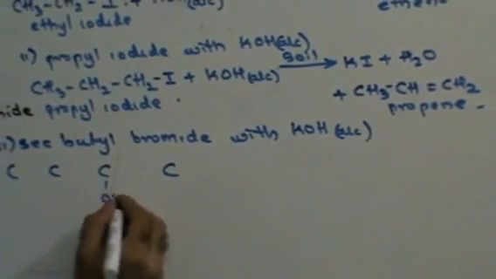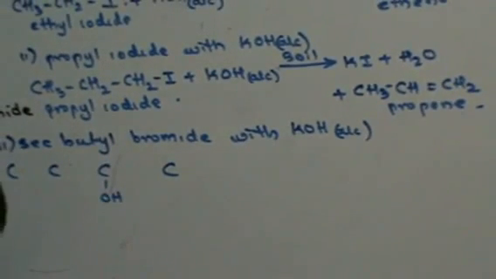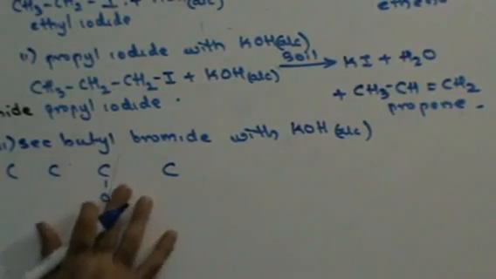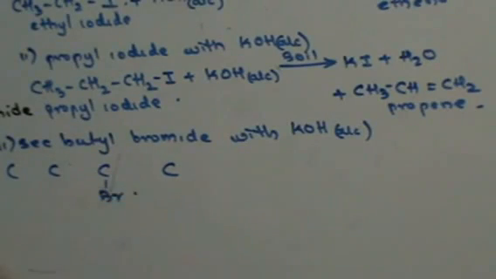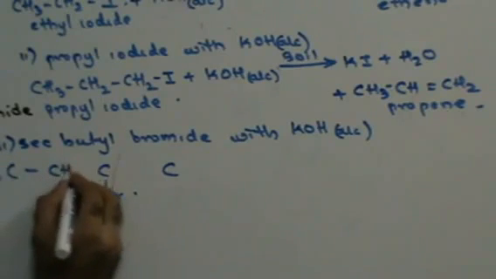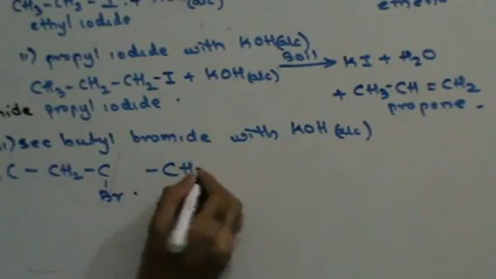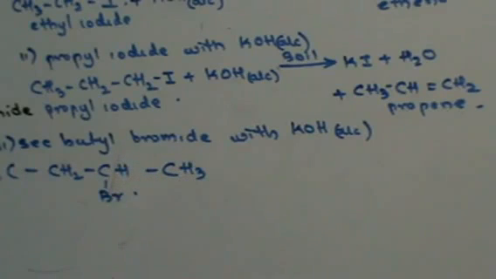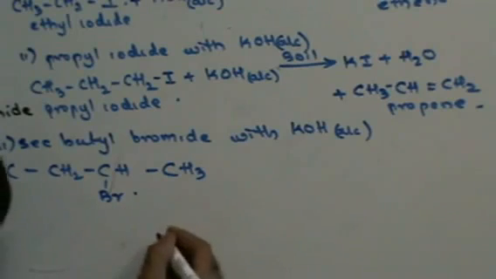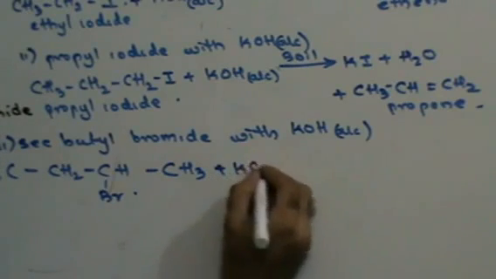Sec means the bromine is going to be attached to the second carbon atom. Not OH, sorry, bromine. It's not alcohol, it's bromide. So CH3, CH2, CH3, CH. This is your sec butyl bromide, which reacts with alcoholic KOH.